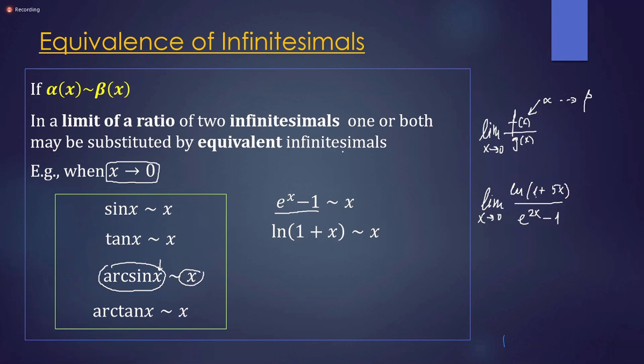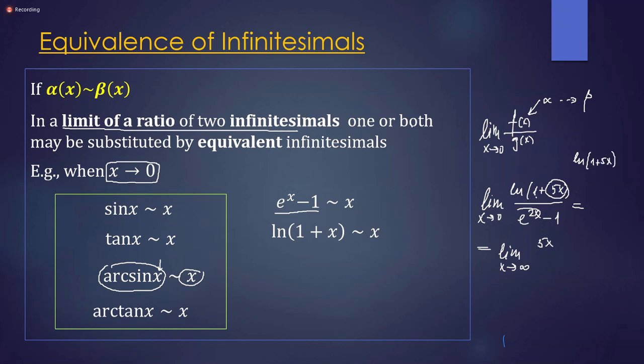But in a limit of a ratio, I can substitute these for their equivalent infinitesimals. That is, ln of 1 plus x is equivalent to x. So if I have 1 plus 5x inside the logarithm, ln of 1 plus 5x will be equivalent to 5x.